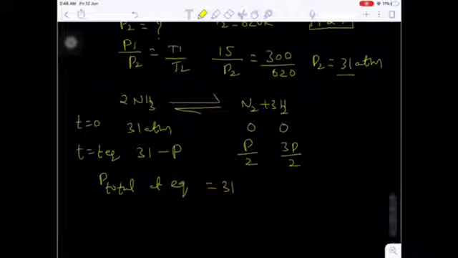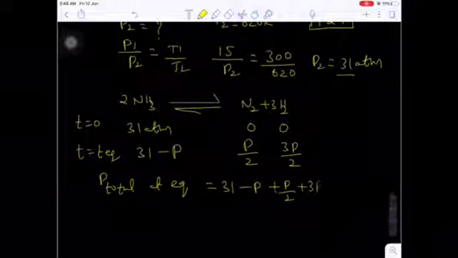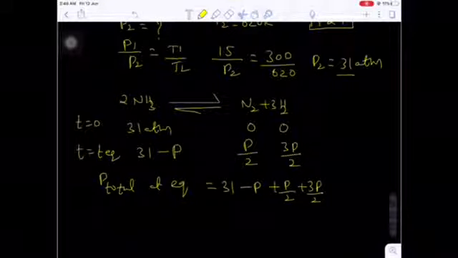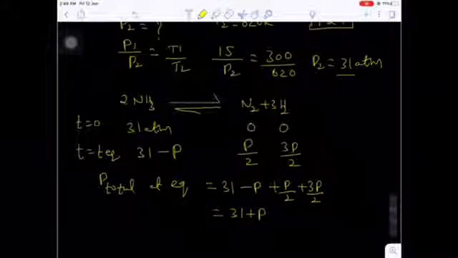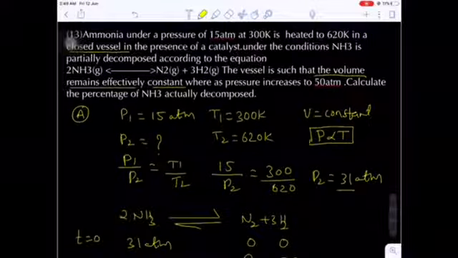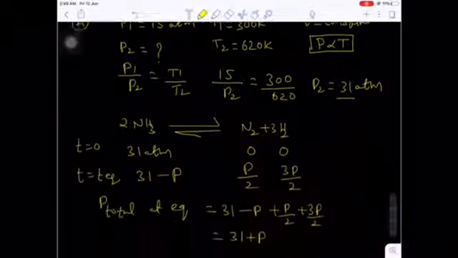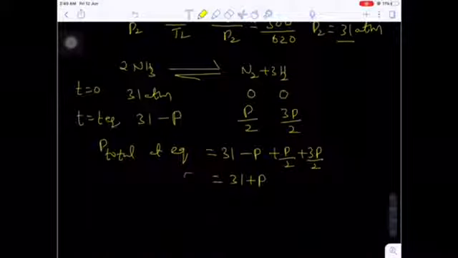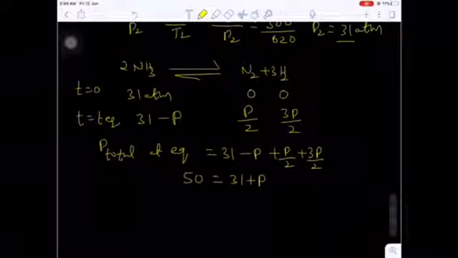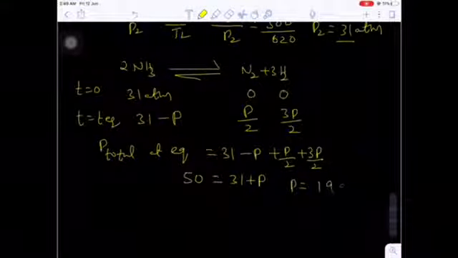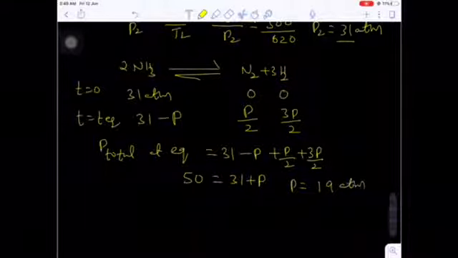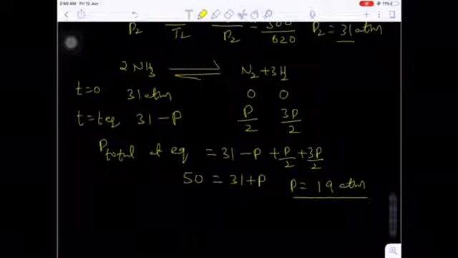It is 31 - P + P/2 + 3P/2, which is 31 + P. In the question the final pressure at equilibrium is given as 50 atmospheres, from which P is equal to 19 atmospheres.